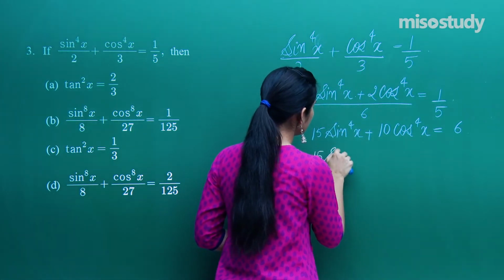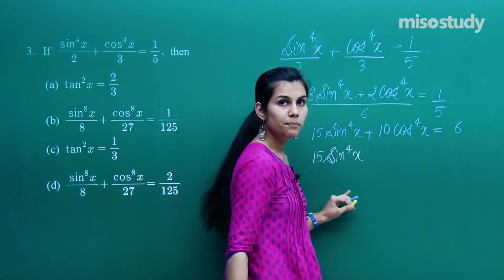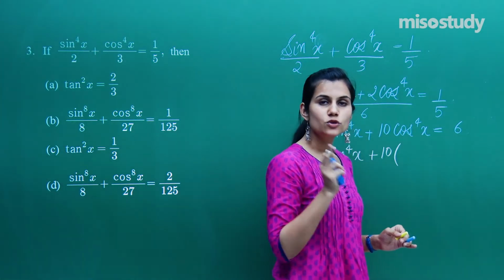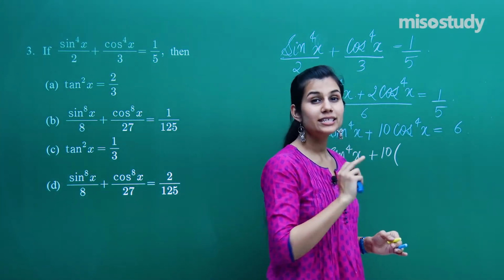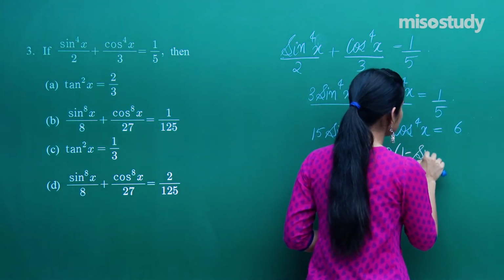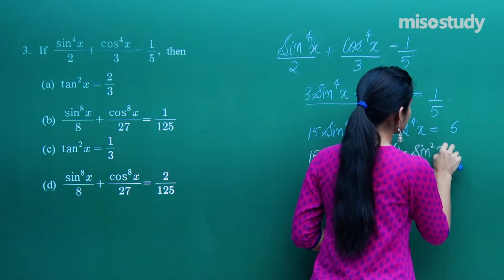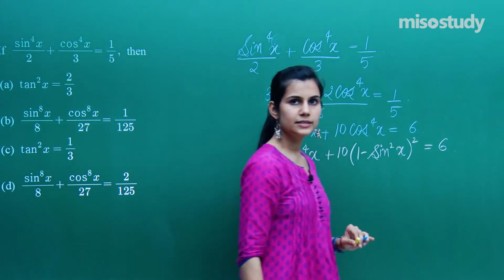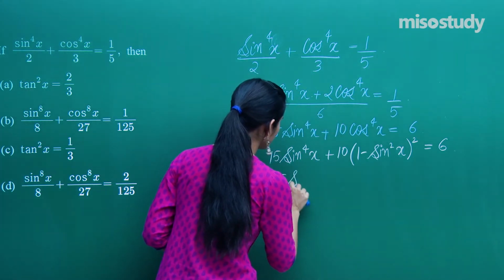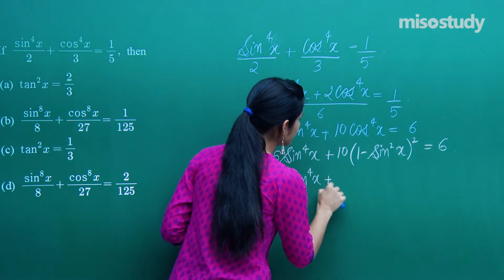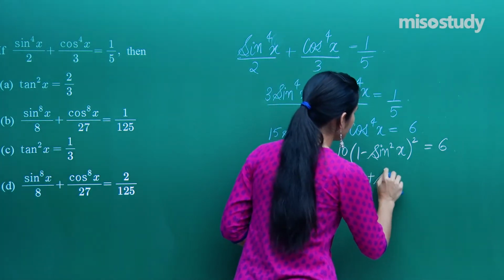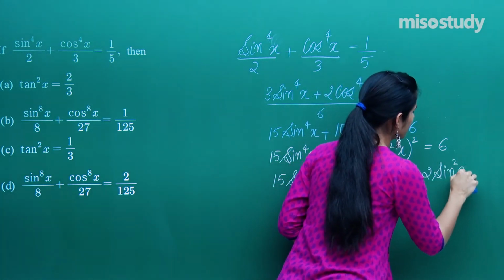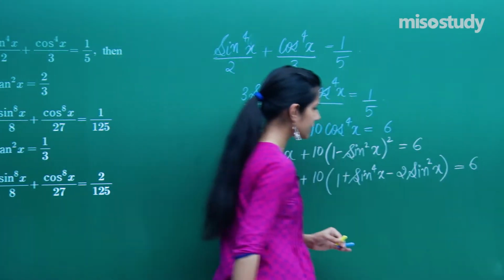I can write it that. This is 15 sine to the power 4x plus 10 cos square x whole square. Right? So, because sine square x plus cos square x is 1, cos square x is 1 minus sine square x. So, 1 minus sine square x whole square equals 6. So, this gives me what? 15 sine 4x plus 10 into a square plus b square minus 2ab equals 6.